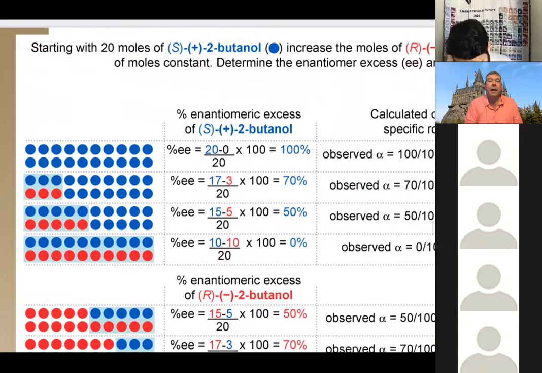Let's say we had our S-butanol, and our S-butanol rotates light in the positive direction, so we call it the plus version. If we had 100% of just that S-butanol, we would rotate that light 100% of what it should be. So in this case, it rotates light 20 degrees, okay?